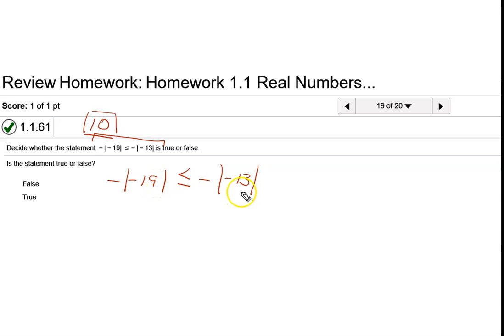So again, we have to do some calculations. This becomes a positive 19, but then we apply the negative to it. Here, this becomes a positive 13, apply the negative to it.